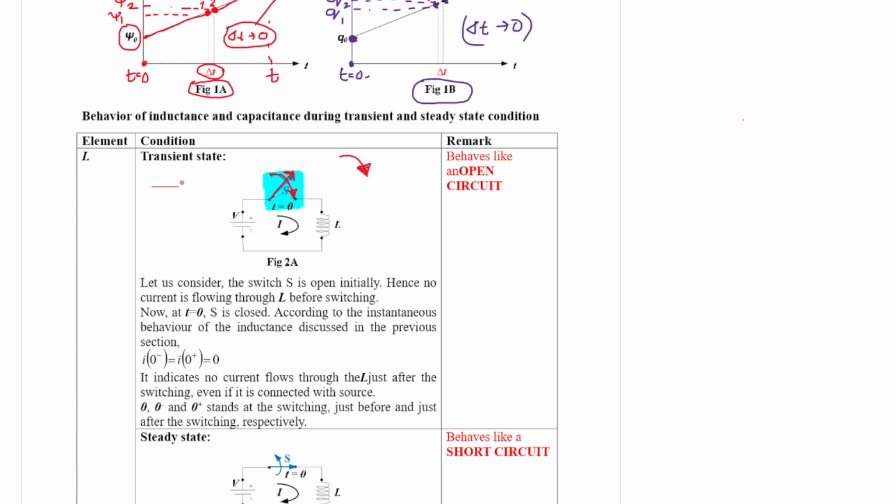Now before switching, the switch is at this position, right? That means the inductor has no current in it, because this is open circuited, so the current flowing through the inductor is 0. Now the moment it is switched on at t is equal to 0, what will be the current flowing?